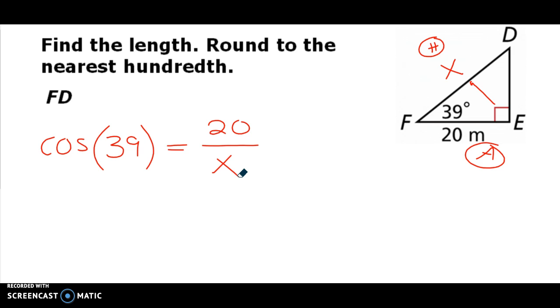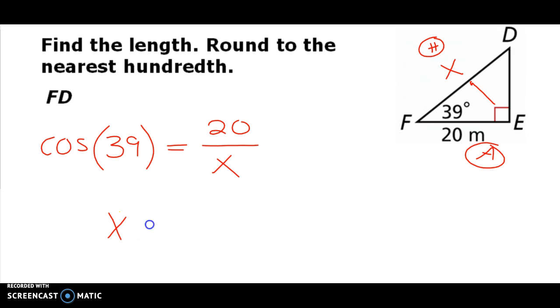Okay, so now, which scenario is this? Yeah, x needs to be multiplied up, and the cosine needs to be divided down. So if x is down below, x and the angle will switch, is what the song says.